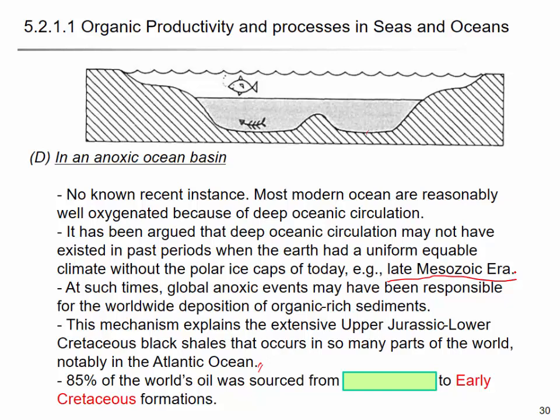And so the organic matter was buried all around the world at the time, and then it was preserved and converted to hydrocarbon. So 80 to 85% of the world's oil was sourced from the late Jurassic to the early Cretaceous formations. The reason we found many source rocks from this era is that there was a time when the deep ocean was in anoxic condition.